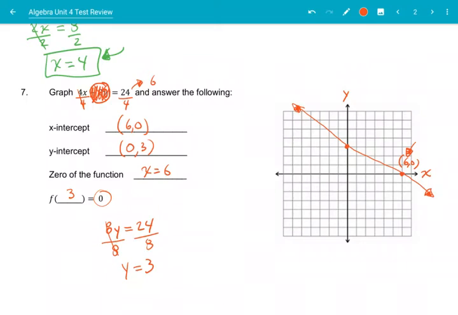So when x is 3, that's not right. When x is... Oh, that's going to be this. 0 of the function, 6. Sorry, that's the 0. So 1, 2, 3, 4, 5, 6. When x is 6, then the y is 0. And that's what that is. All right.